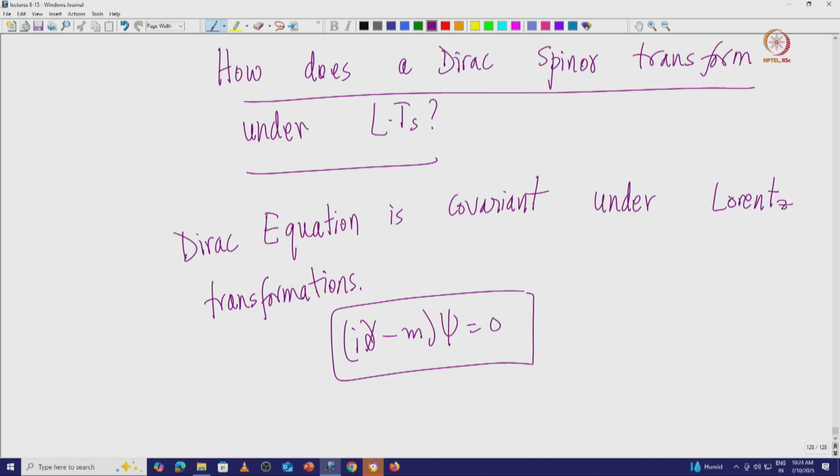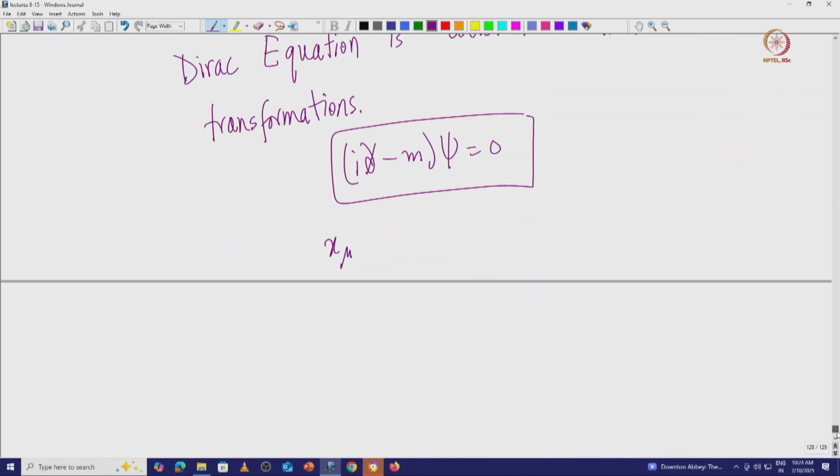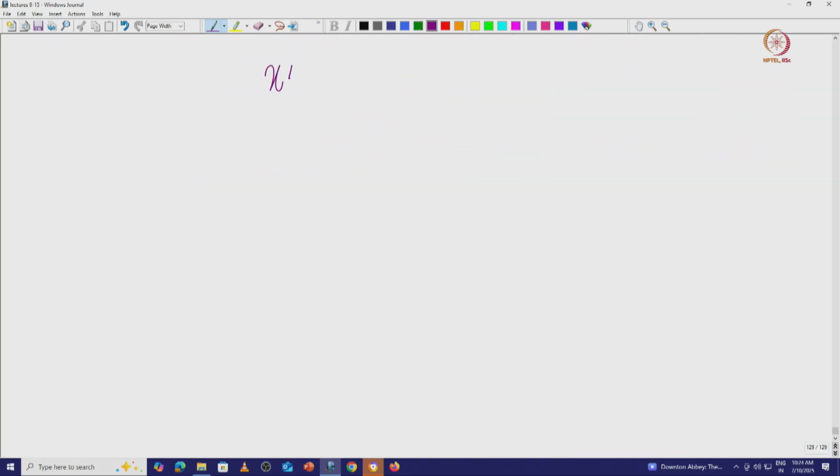With this we will be convinced, first, that the spinors form a representation of the Lorentz group, and second, how the Dirac spinors transform under Lorentz transformations. So let's start with x mu. How does x mu transform? x mu prime is equal to lambda mu nu x nu.